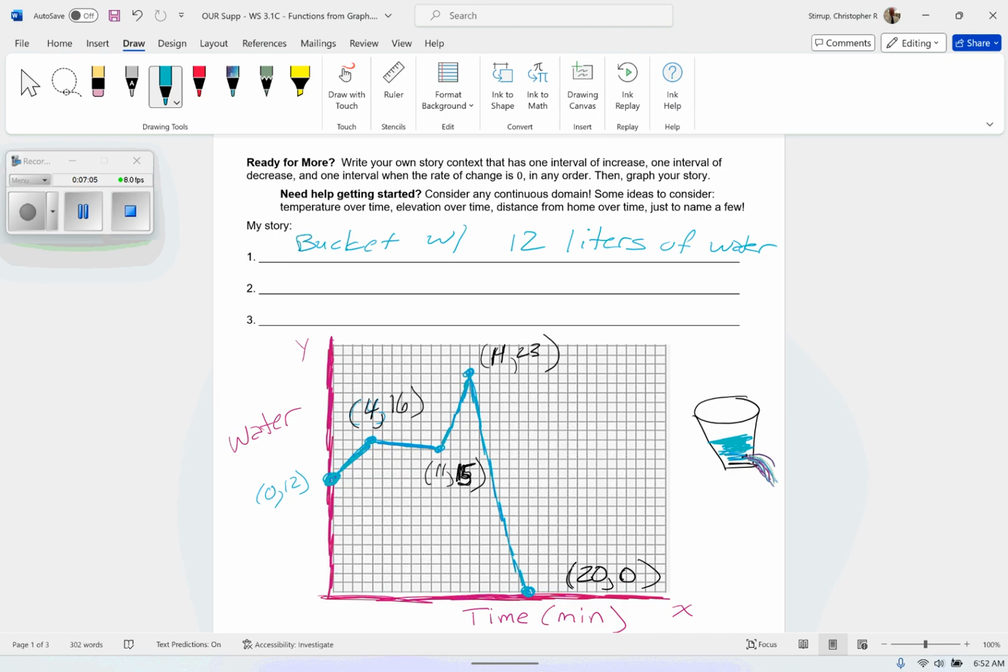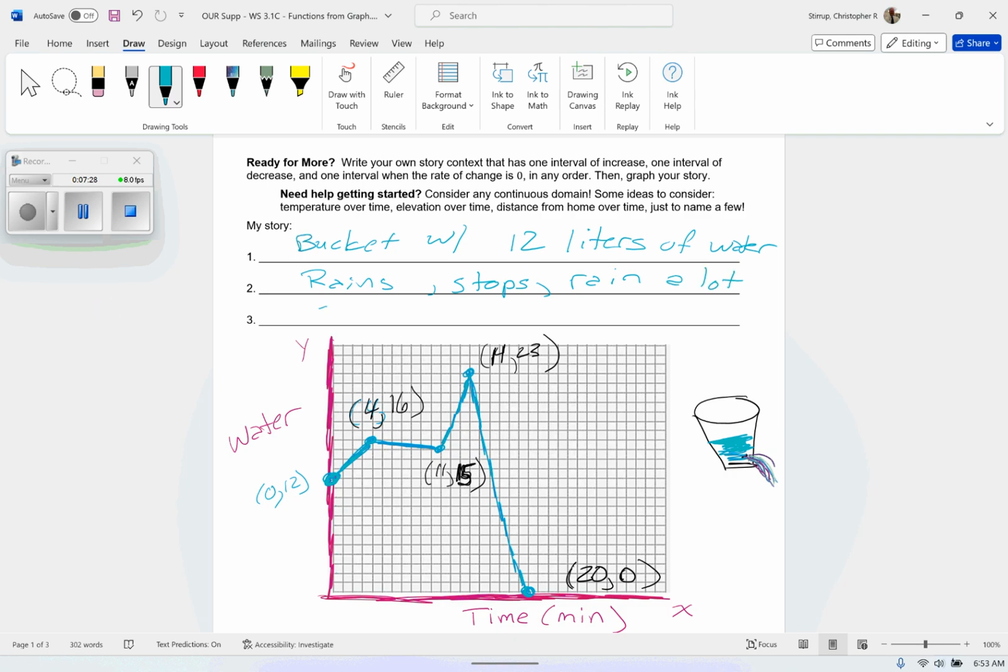But let's say the bucket is sitting outside and it starts to rain. And it rains for a little bit. Then it stops raining. And then it rains a lot.